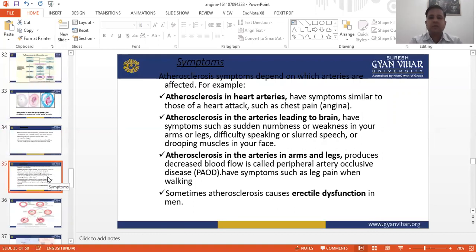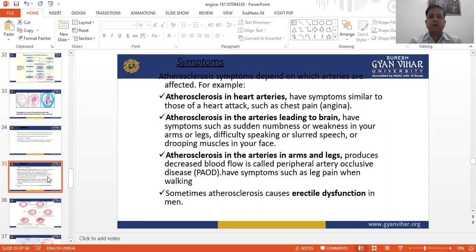Symptoms. Atherosclerosis symptoms depend on which arteries are affected. For example, atherosclerosis in heart arteries has symptoms similar to those of a heart attack, such as chest pain, that is angina.